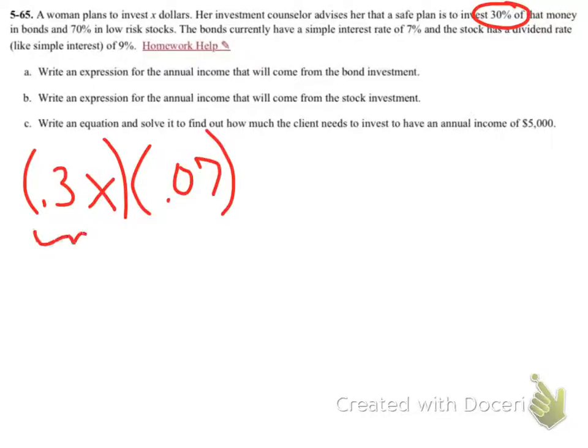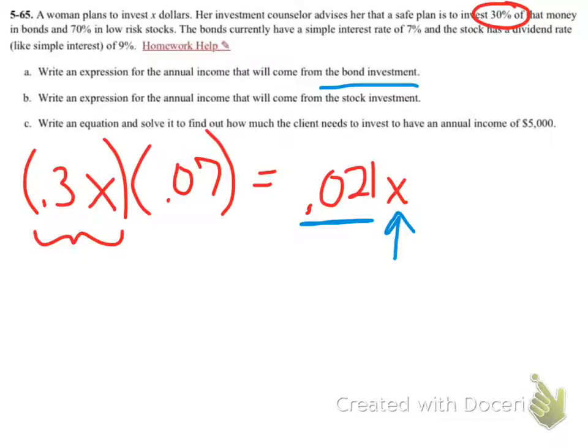So without knowing how much money that is, I take that value and multiply it to the 7%, and I will get 0.021x. So however much money this x value is, if I multiply it by that, that is the amount that I will make on that bond investment. So that answer is 0.021x.